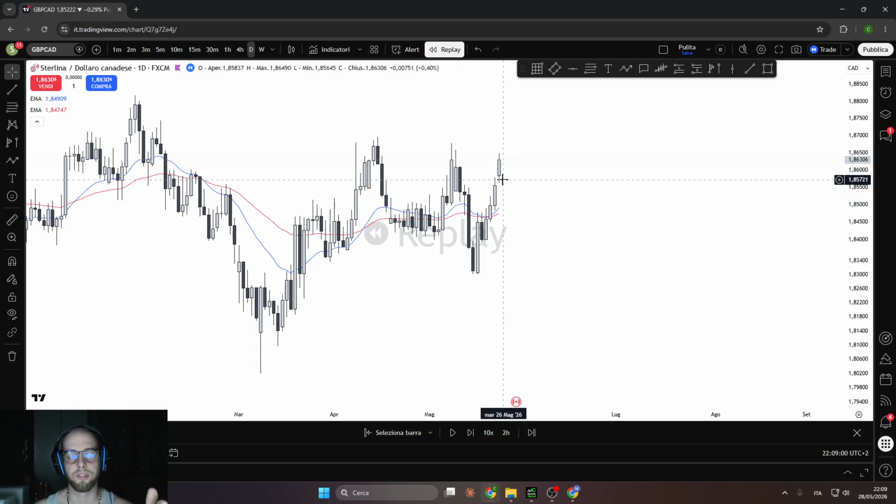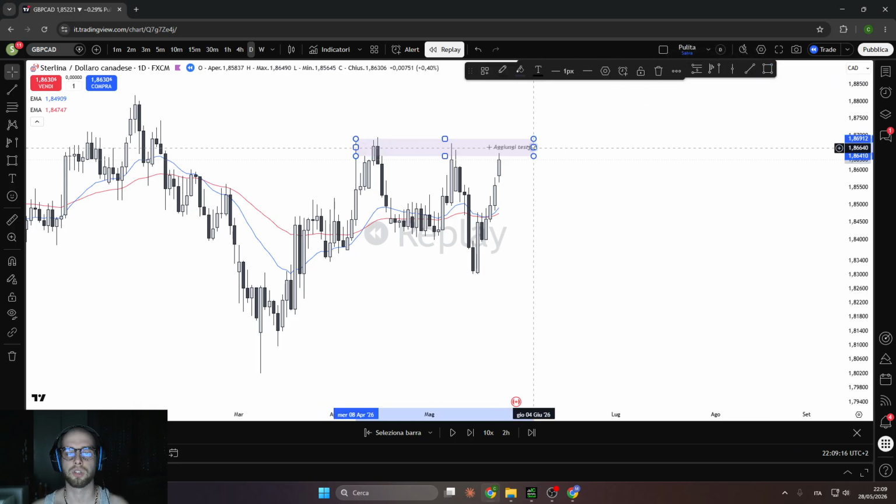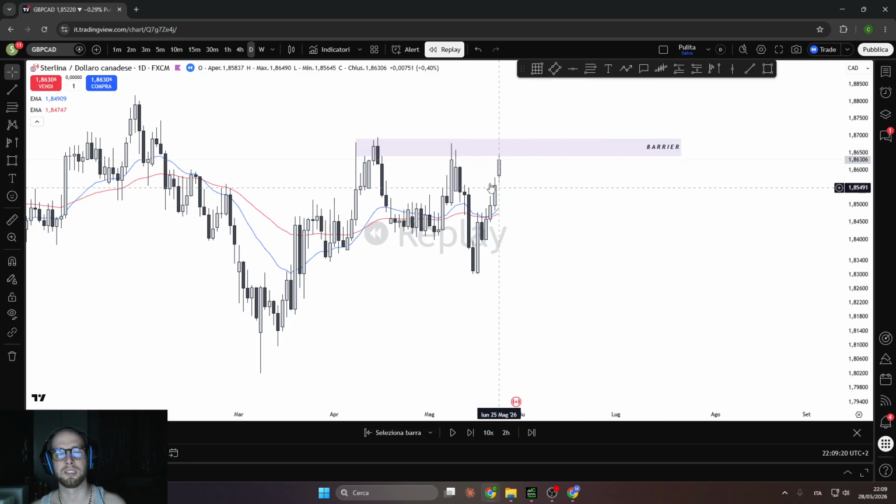Moreover, on top of that, there are these things called barriers, which are zones where price might react at some point. For example, I saw that this here was a barrier. You can call this barrier, resistance, previous high, whatever you want.